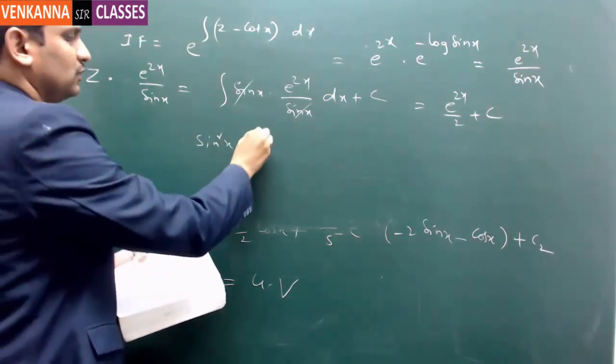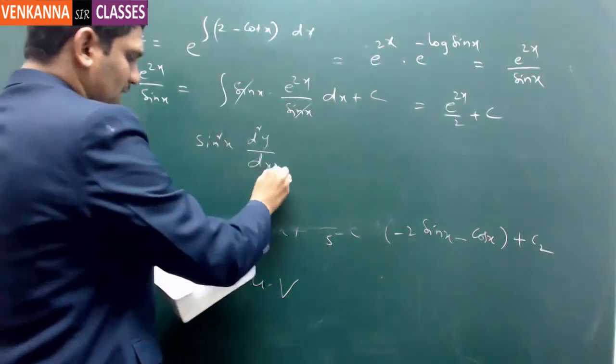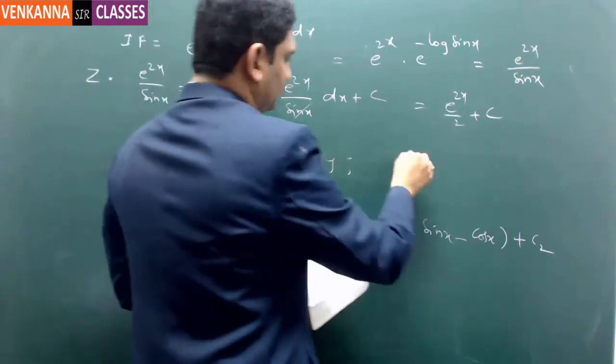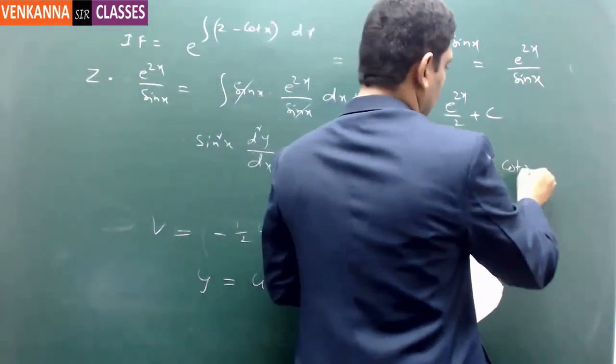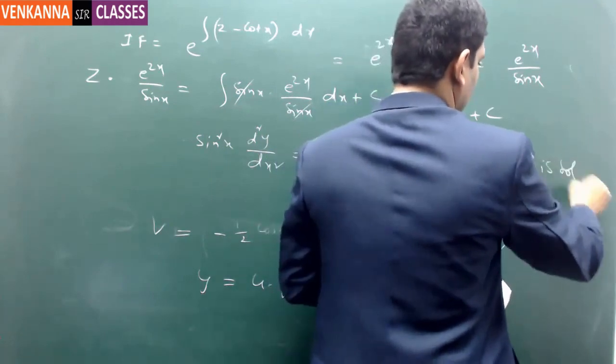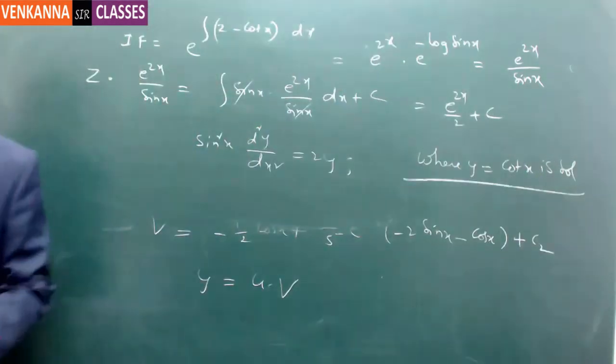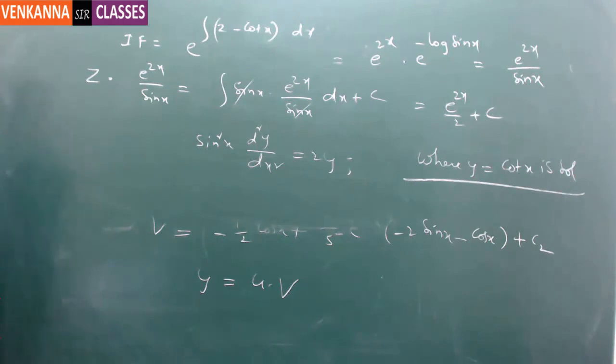Sin square x into d square y by dx square is equal to 2y, where y is equal to cot x is a solution.